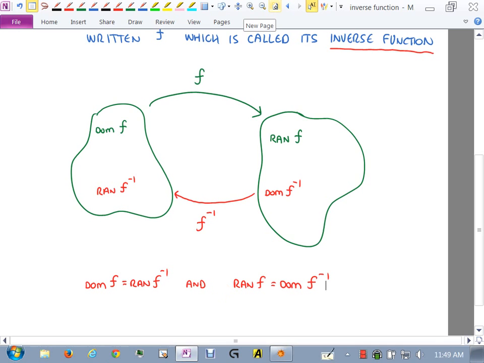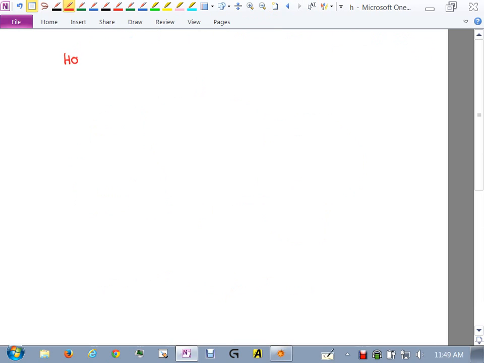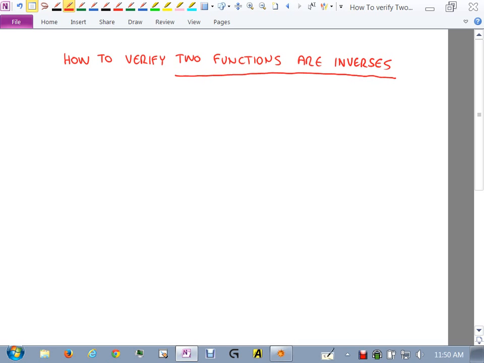All right, next note. How to verify two functions are inverses. You must show two things.